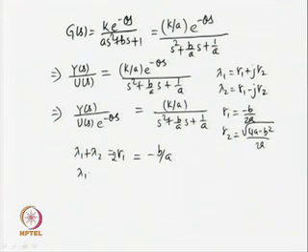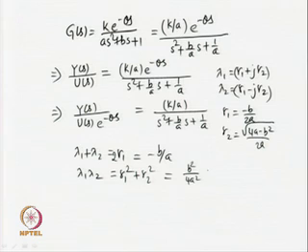Similarly, lambda 1 times lambda 2 will be equal to gamma 1 square plus gamma 2 square. Okay? Multiply the two lambdas, lambda 1 and lambda 2, then you will get gamma 1 square plus gamma 2 square, which will give us b square by 4 a square, again plus 4a minus b square upon 4 a square, giving ultimately 4a upon 4 a square, which is nothing but 1 upon a.